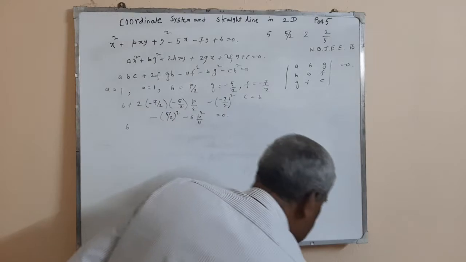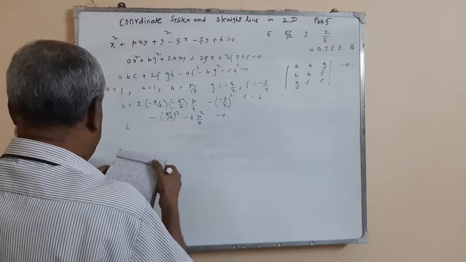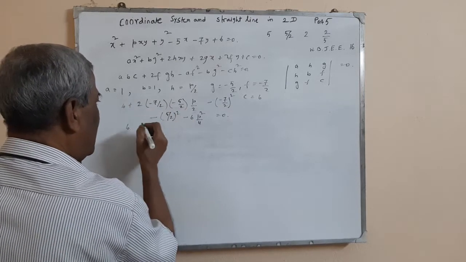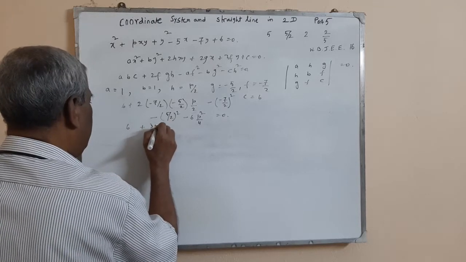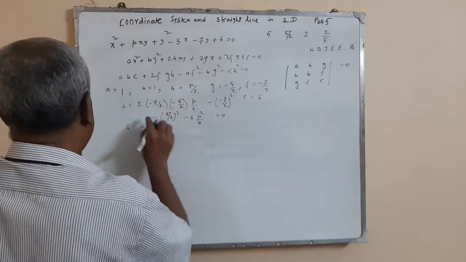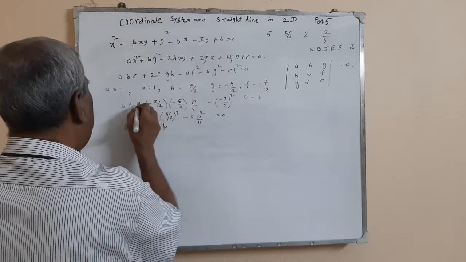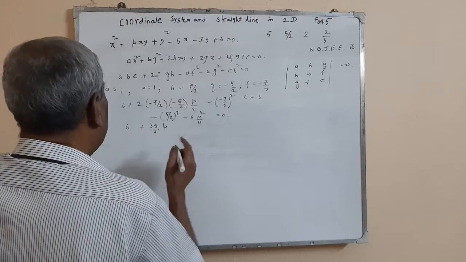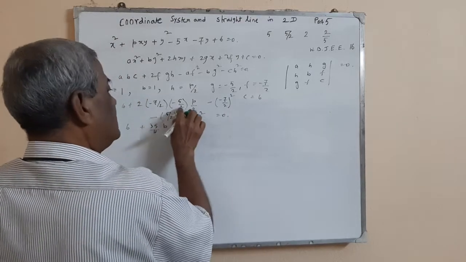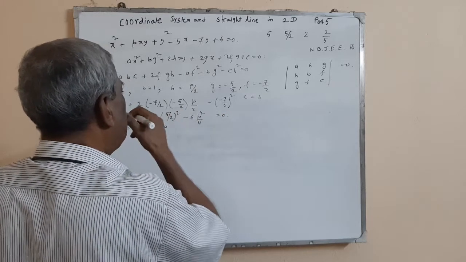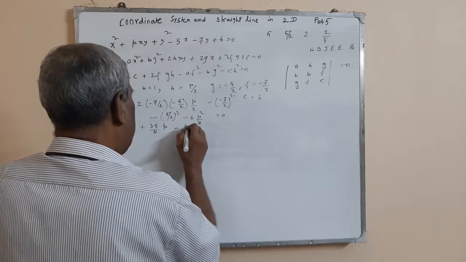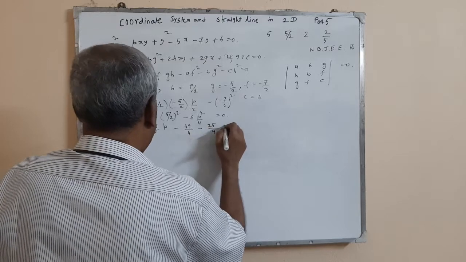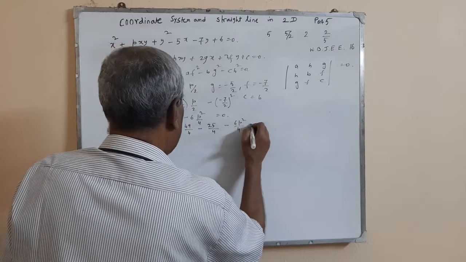After simplification, it is 6, then plus 35 plus 35 P, the 2 cancels by 4, then minus 49 by 4 minus 25 by 4 minus 6P square by 4 is equal to 0.